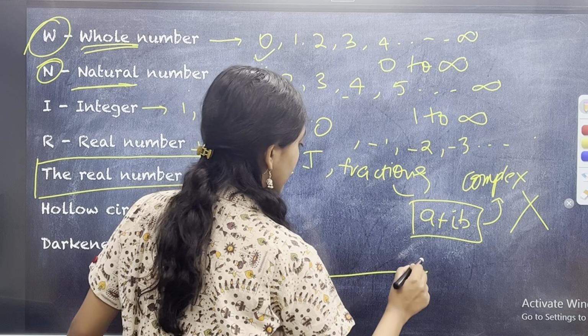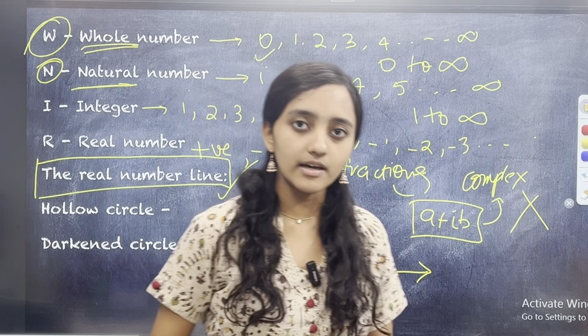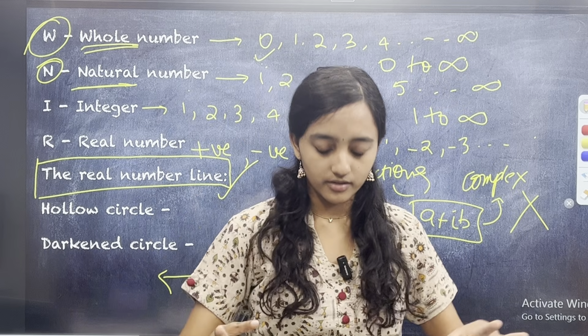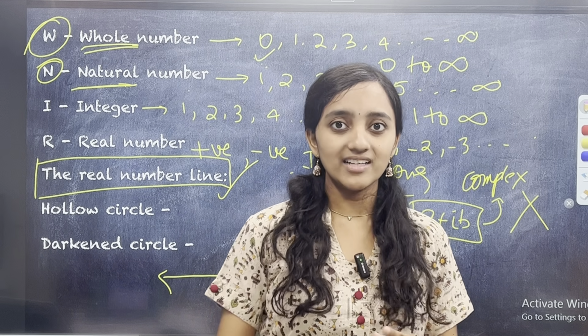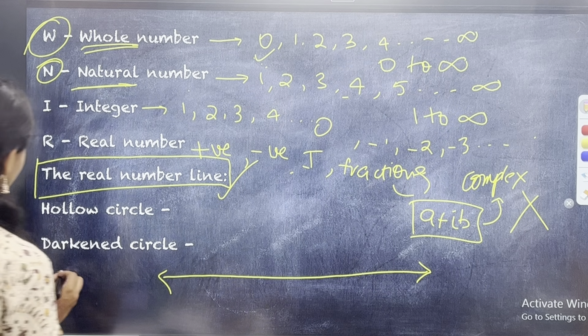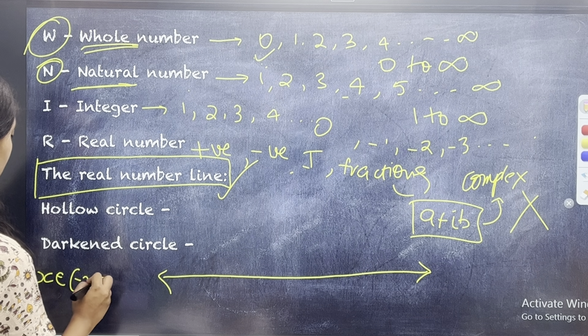You can draw a straight line, and it doesn't mean that every single time you need to draw from -5 to 5, there's no such thing. For example, if your answer lies between -2 and 3, suppose I'm saying that x belongs to (-2, 3).